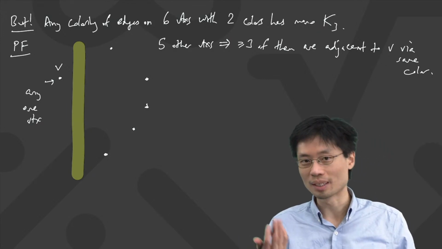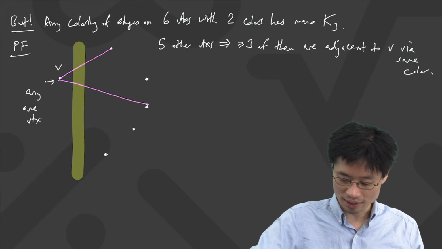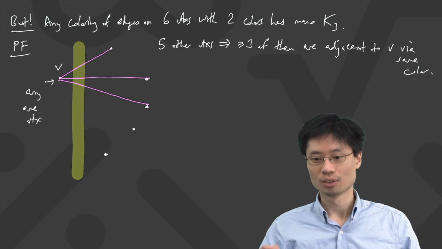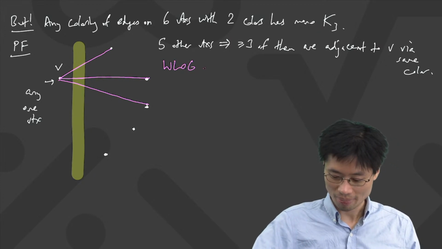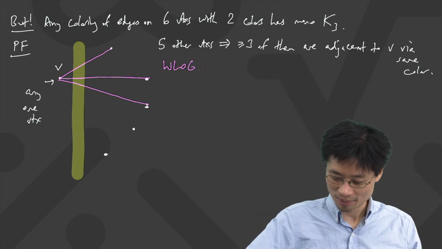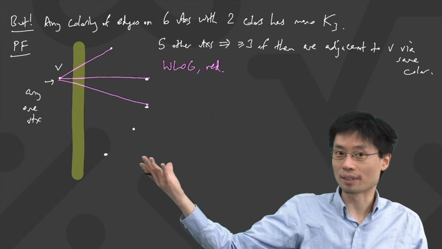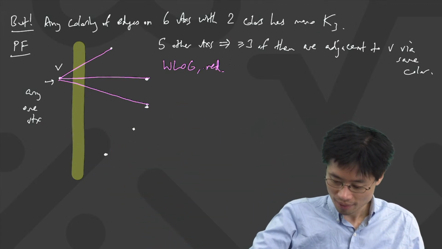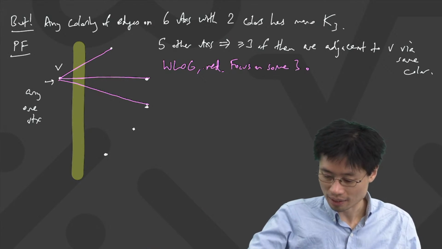It's going to be the same for both of the arguments, but because there's nothing special about the colors yet, let's just say, WLOG, red. And I'm only going to draw 3 of them. There might be more adjacent by red, but let's focus on some 3 of them.